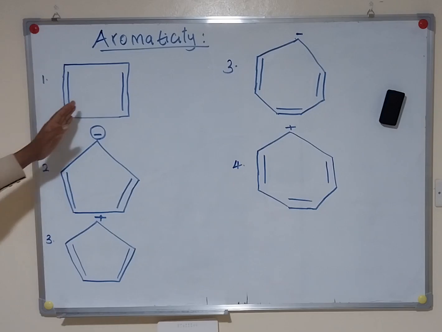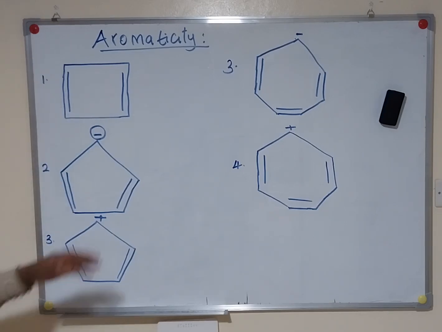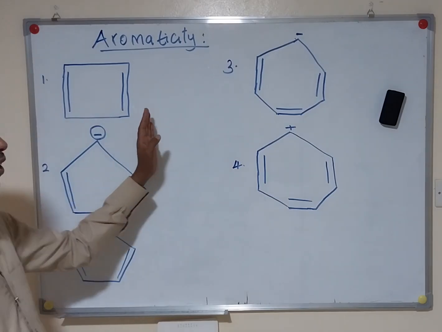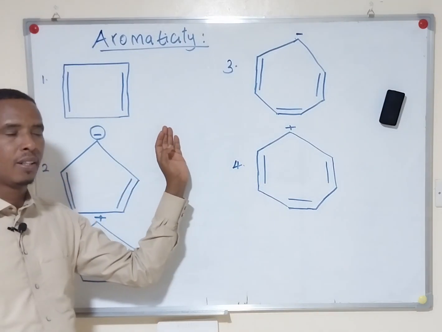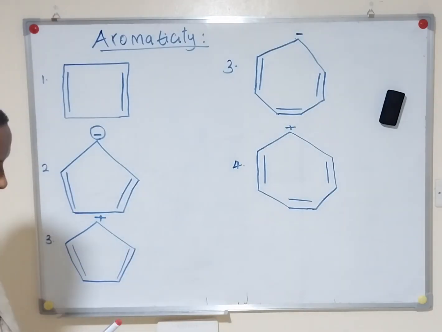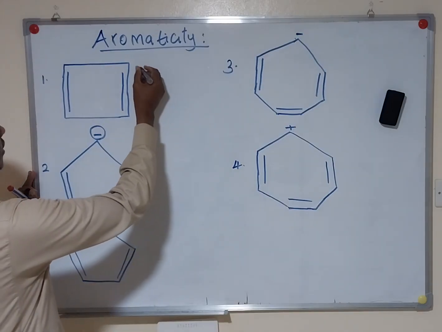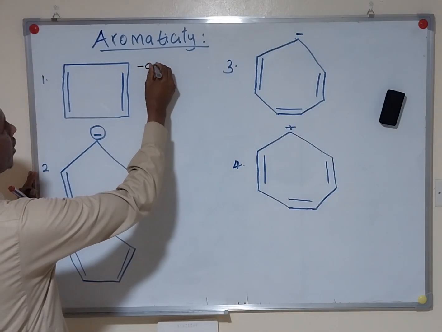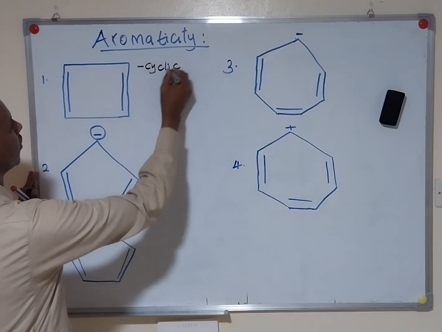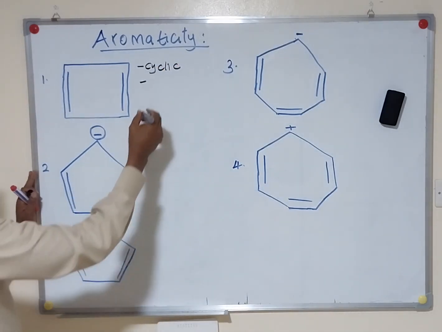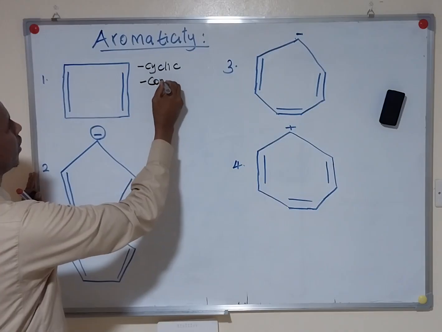The first example, we have got this structure, and we want to identify whether it is aromatic, anti-aromatic, or non-aromatic. If you look at the structure, it is cyclic. The structure is again conjugated.